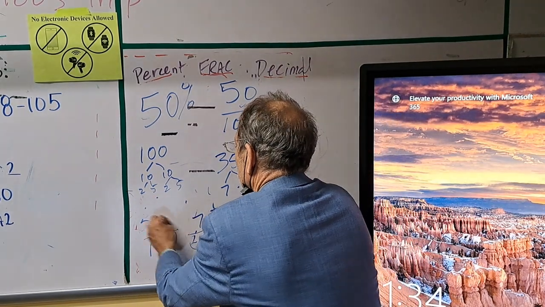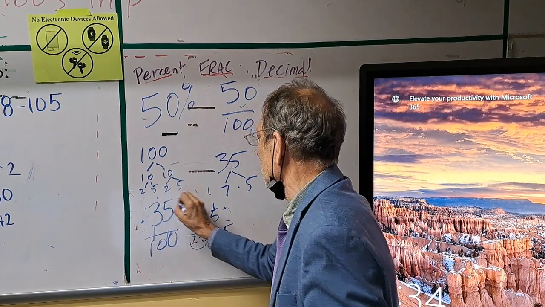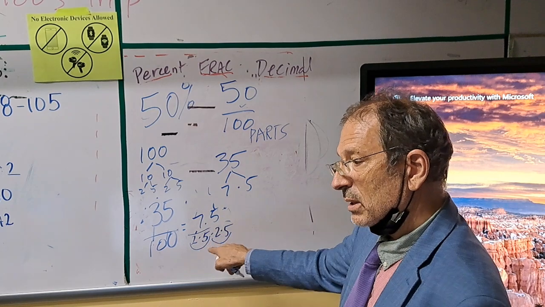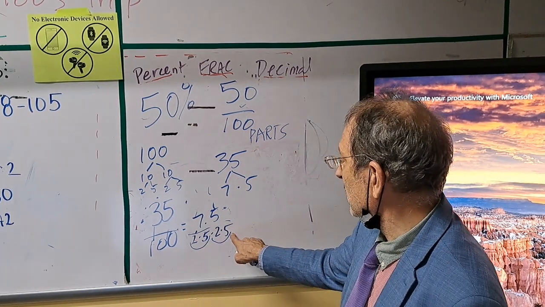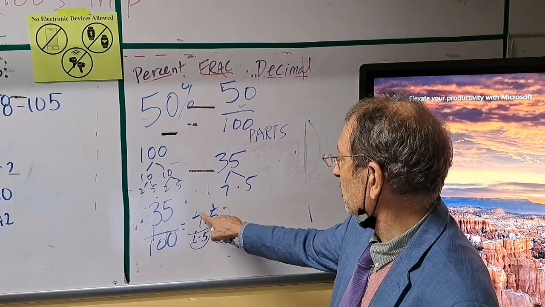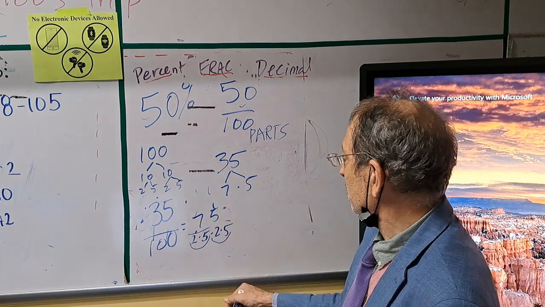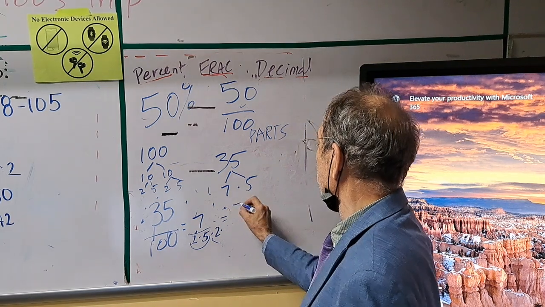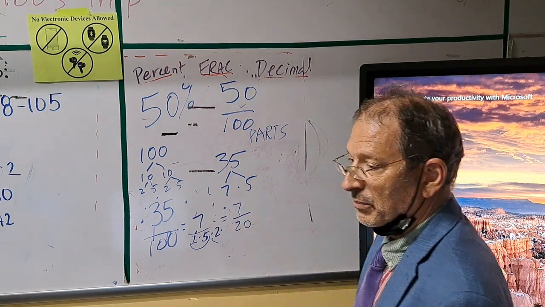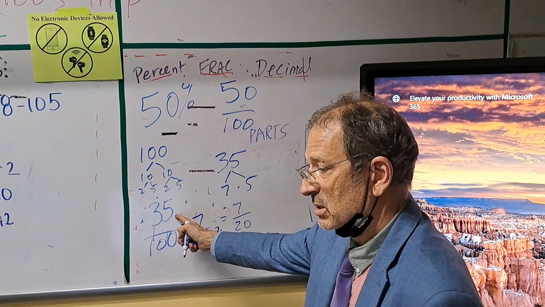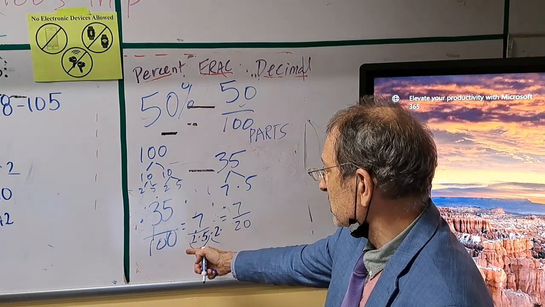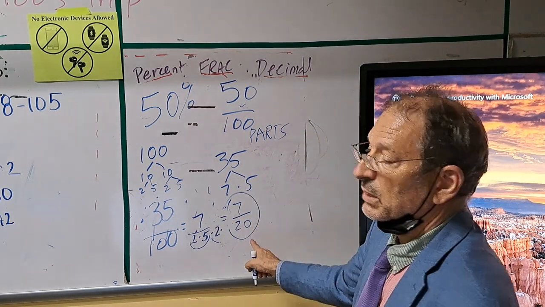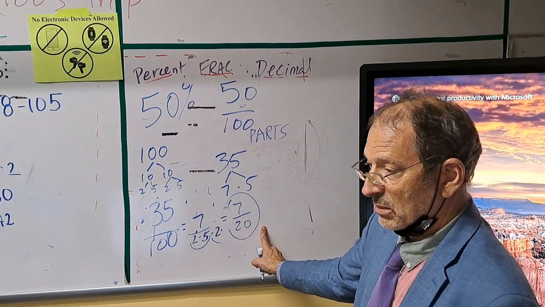So if we have 35 out of 100, we can lay it out like this, because there's some 5s and some 2s, and we've got 7 times 5. Well, I'm going to remove one. And that's where we get 7 over 20 as the fraction for this. 35%, 35 over 100 can become 7 over 20.